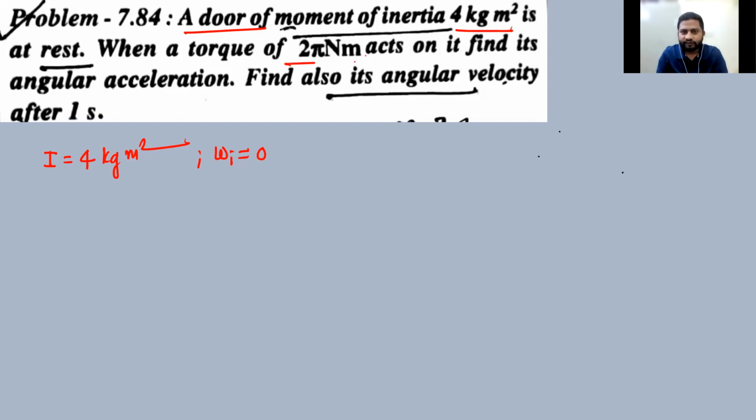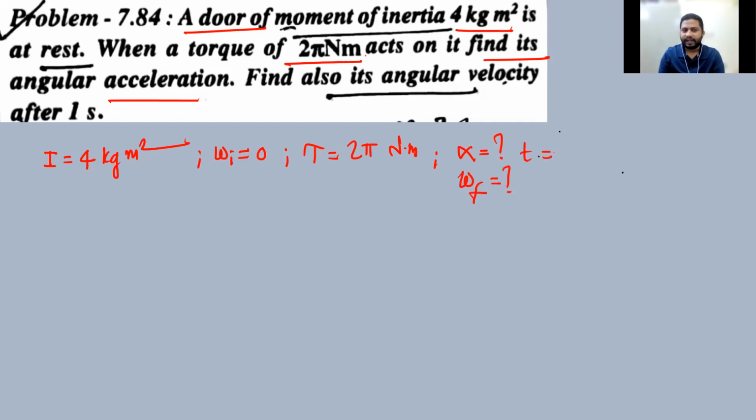When a torque of 2 pi Newton meter acts, okay, torque is given as 2 pi Newton meter. Find its angular acceleration. Okay, angular acceleration we need to find, and also find the final angular velocity after time t equal to 1 second.